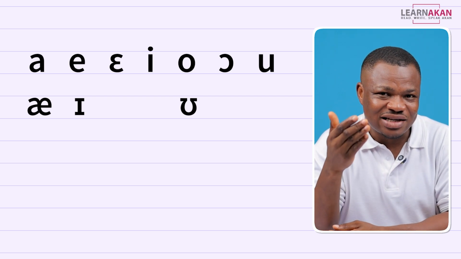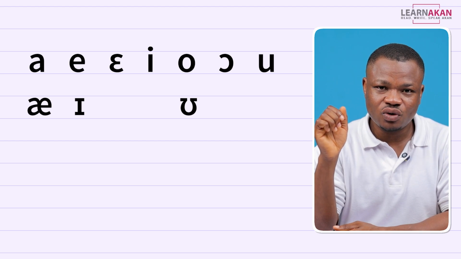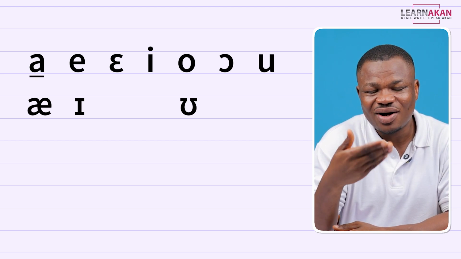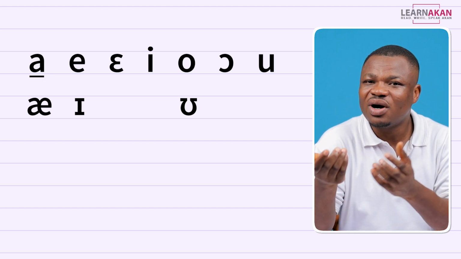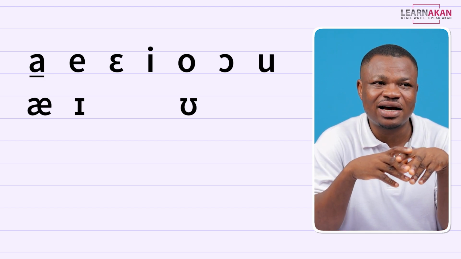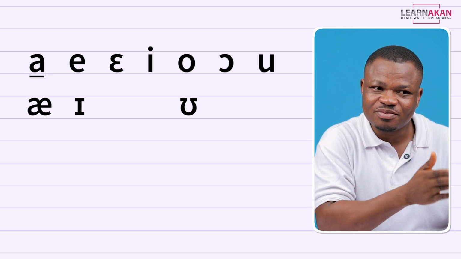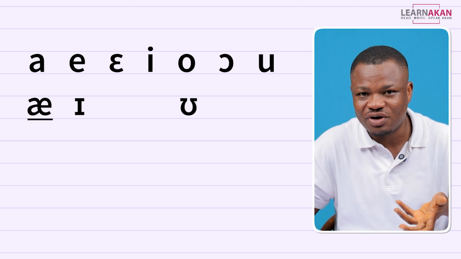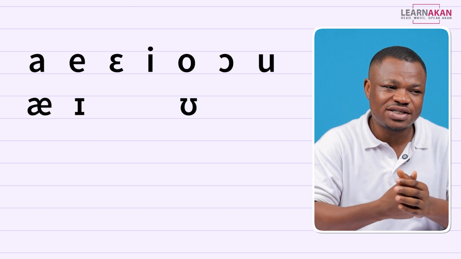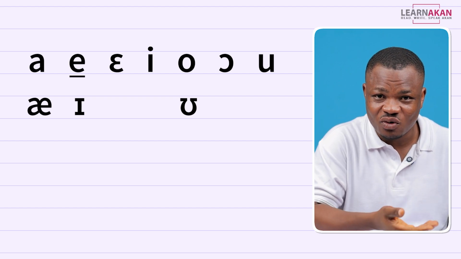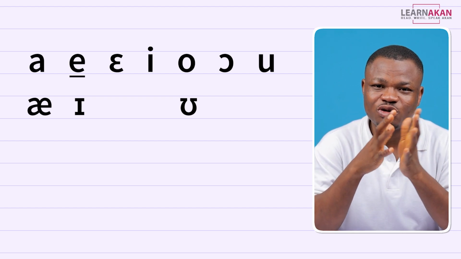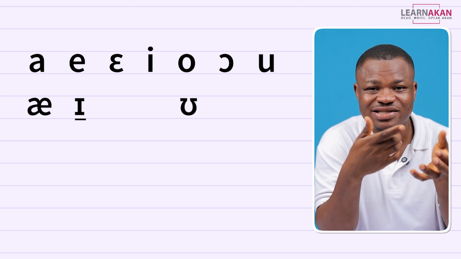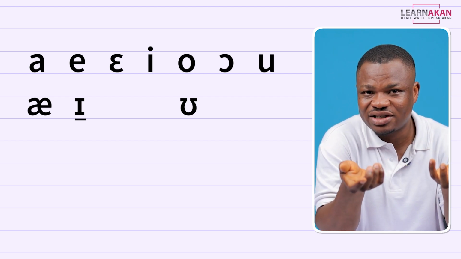Now, a good question to ask at this point will be, so if I come across A, right, the vowel A in a word, how do I know whether I should pronounce that as the regular A or as in ebufu, right? Or if I come across E, the vowel E in a word, how do I know whether I should pronounce that as E, the regular E, or as in siri or sisa, for example?